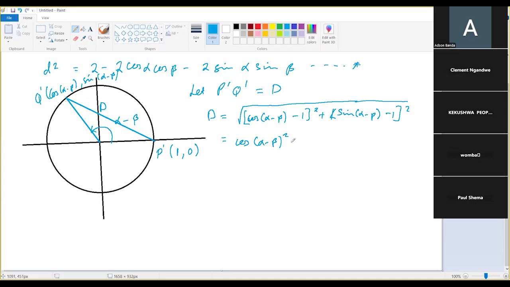Right, so what we are going to get is the following. You have the cosine of alpha minus beta all squared, then minus 2 of the cosine of alpha minus beta.